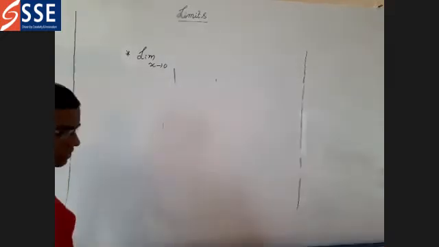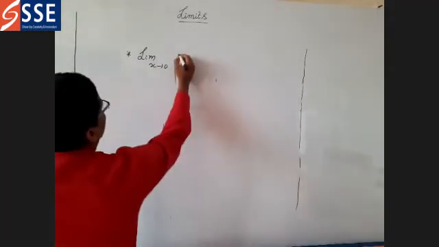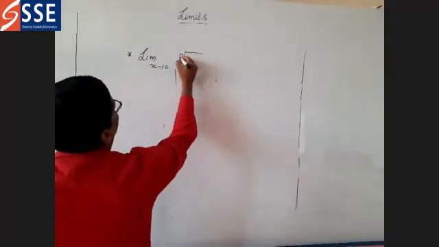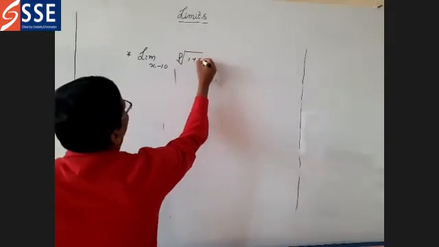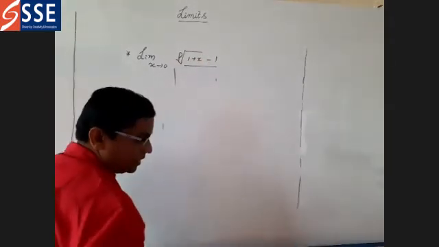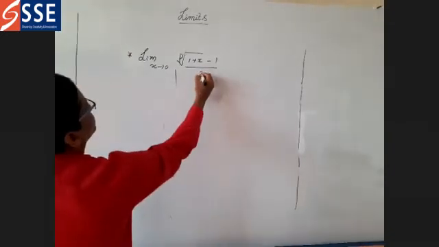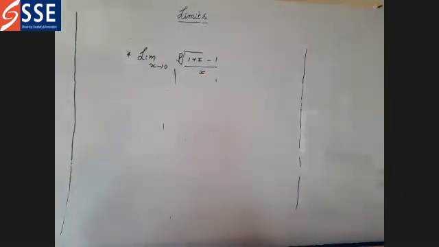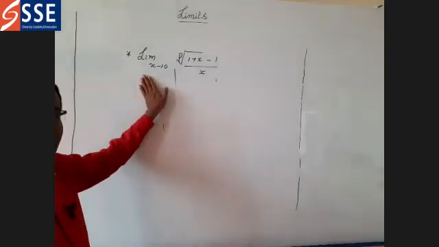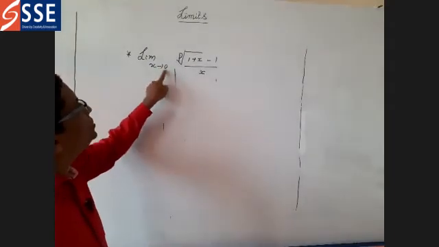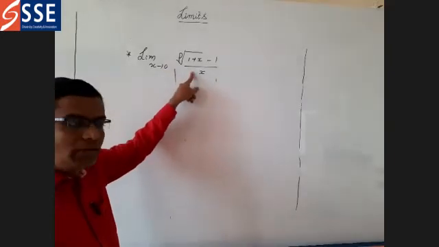Limit x tends to 0, (p-th root of (1 + x) minus 1) divided by x. So see here, first of all, try to substitute the x value 0 in the given function.